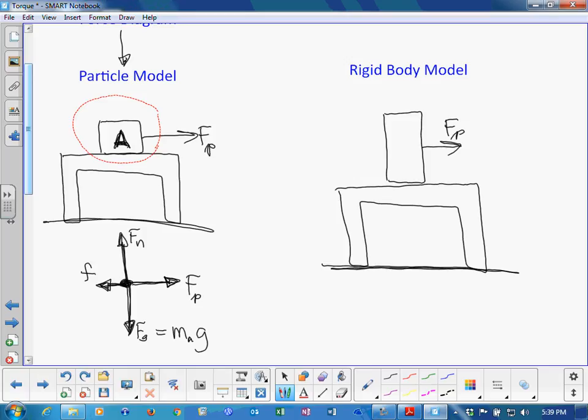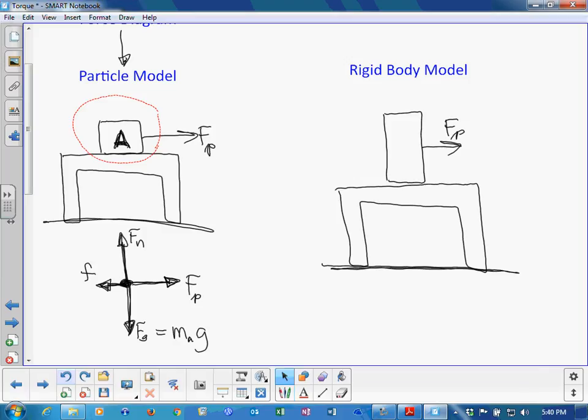Now, it's not always that simple. For example, supposing we have a table and a tall block. The dynamics of what's going to happen depends on where we apply the force.